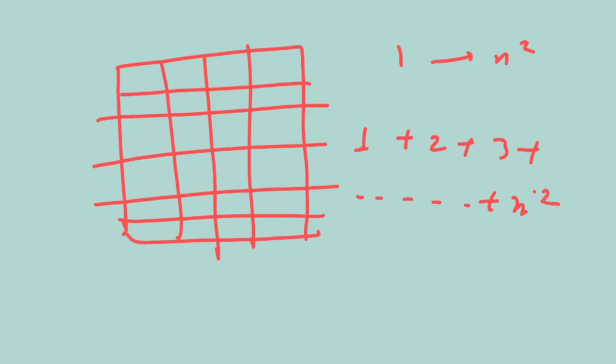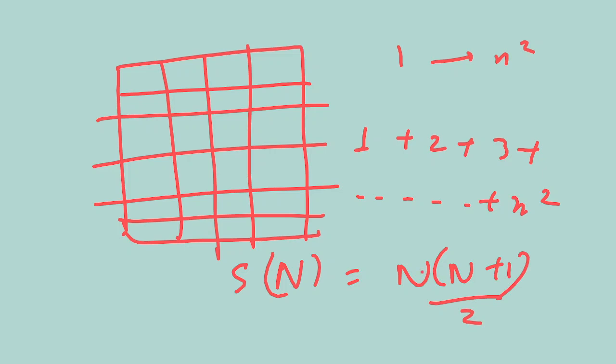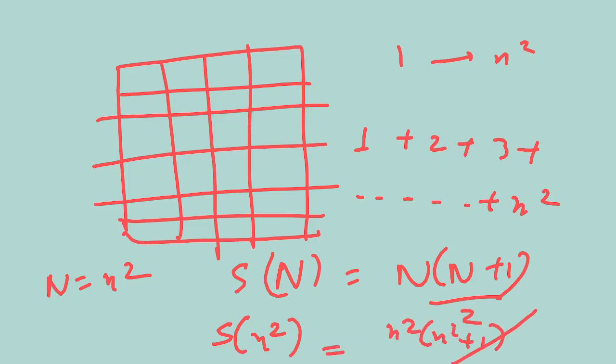And I know the sum of capital N natural numbers is N times N plus 1 by 2. So if I replace capital N as n square, then in that case the sum of n square natural numbers will be equal to n square times n square plus 1, divided by 2. Now I know the sum of all the elements of this magic square.